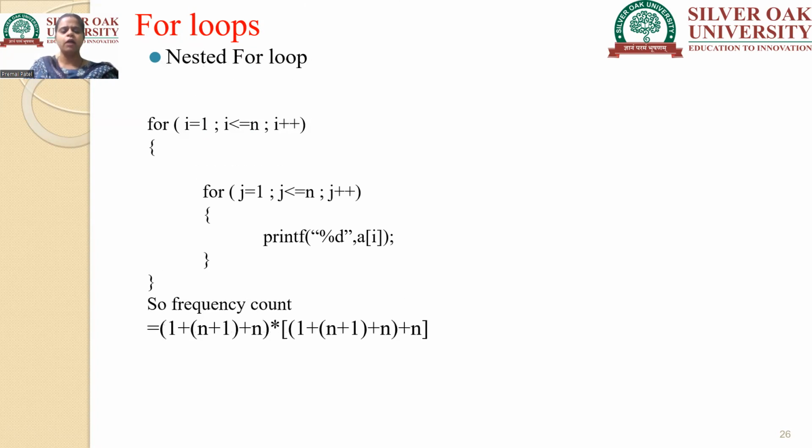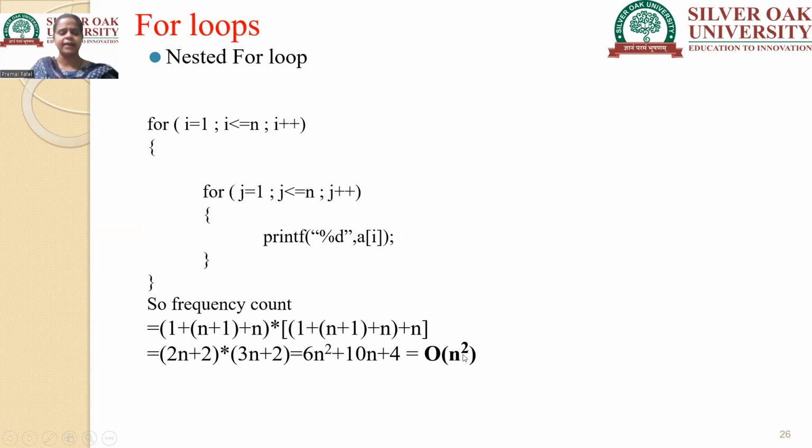So the frequency count is (1 + (n + 1) + n) * (1 + (n + 1) + n + n). If I solve this, that is (2n + 2) * (3n + 2), that is 6n² + 10n + 4. And the highest degree of n is 2, so that is O(n²).